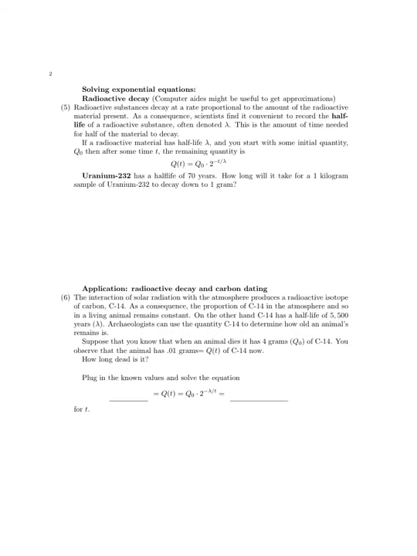So the first application that I think I want to think about has to do with radioactive decay. So here's the setup. If you have a radioactive substance, it decays at a rate proportional to the amount of that material present.